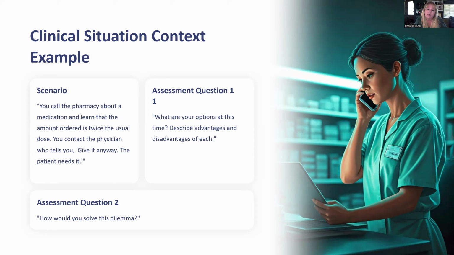So the students would have to identify multiple options, demonstrating divergent thinking, evaluate each option's advantages and disadvantages, which is analytical thinking, and then apply ethical principles and professional standards to resolve the dilemma, which is evaluative thinking and decision making. So this type of question, even though not really difficult to write, makes them think in a variety of different ways very critically.